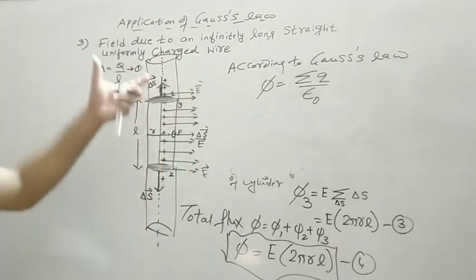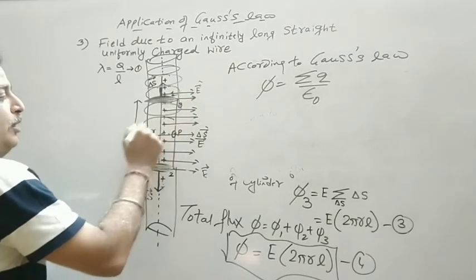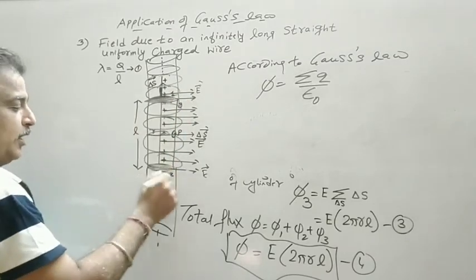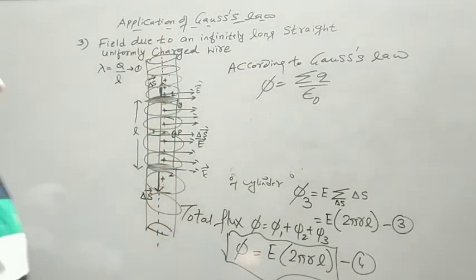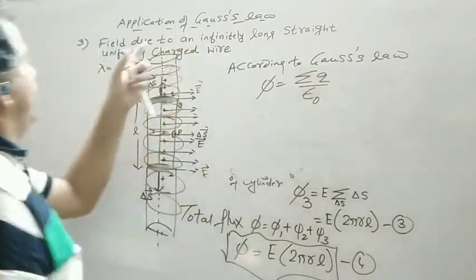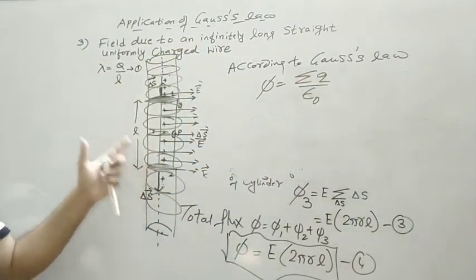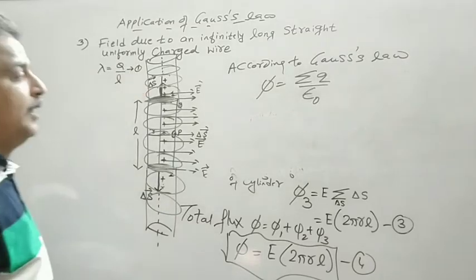So actually it is the number of cross sections, and they take a cylindrical form, and we take the entire length of a cylinder. So summation Q can be written as the charge enclosed.